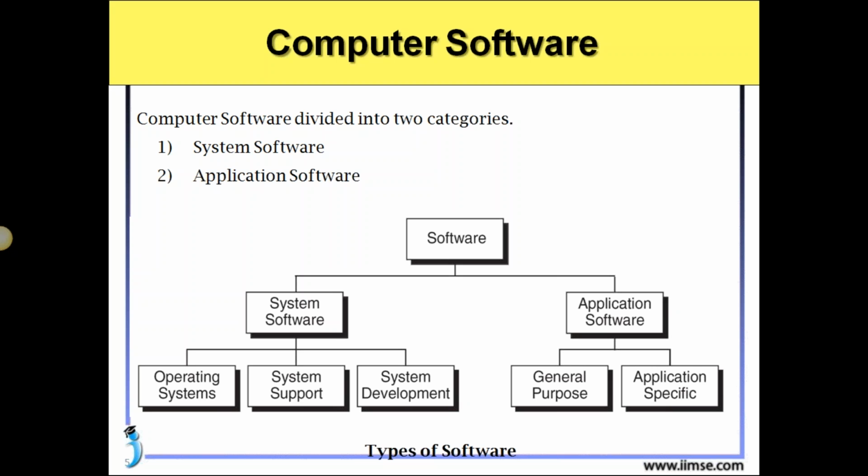Coming to software, it is very important for each and every starting person to understand what software means and how we are going to write programs. Software is what we design as a part of the system software as well as the application software.